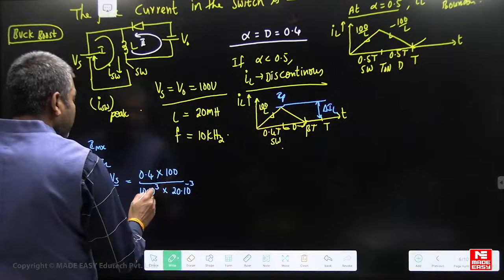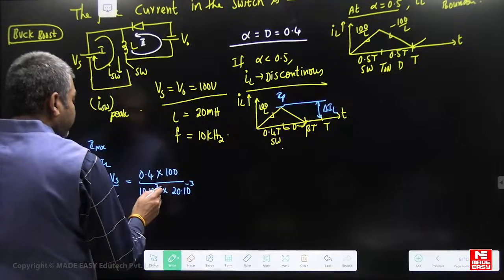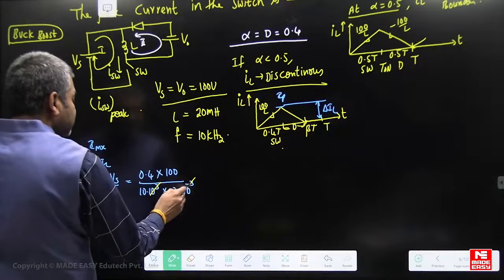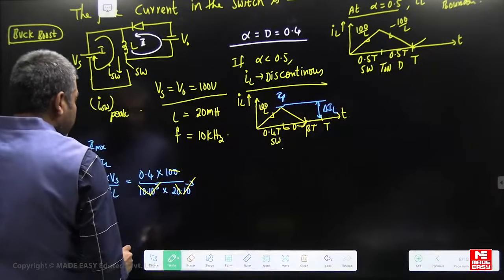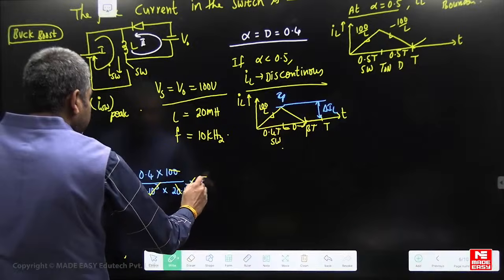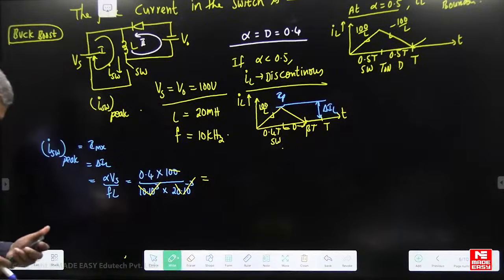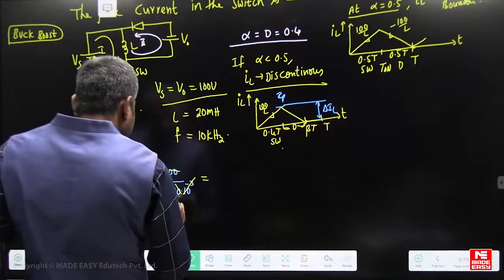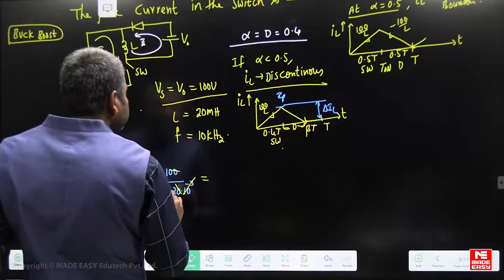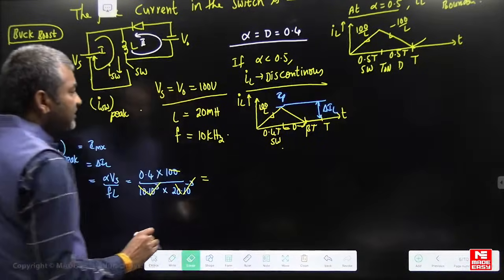If you observe here, this will cancel with this. So 0.4 by 2, please verify this, dear students. This is 10 kilo. What is the value of inductance, students?